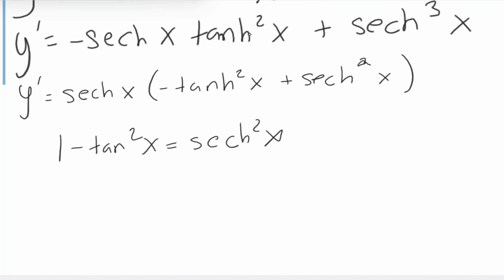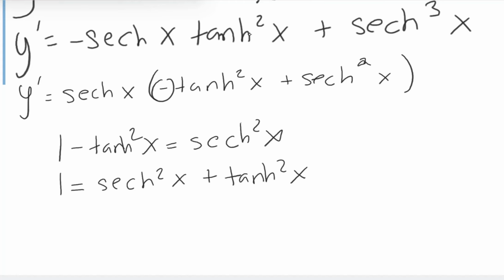So if I move the tangent over, I have secant squared x plus tangent squared x. Or, sorry, tangent h squared x. But that has a negative sign there. And that has the plus sign there. If I change my signs, they're all going to change.